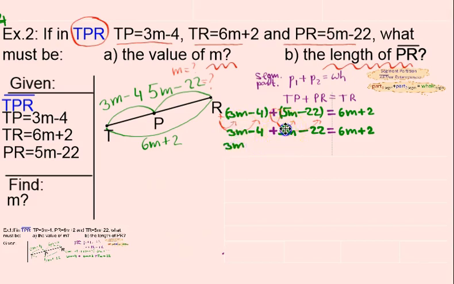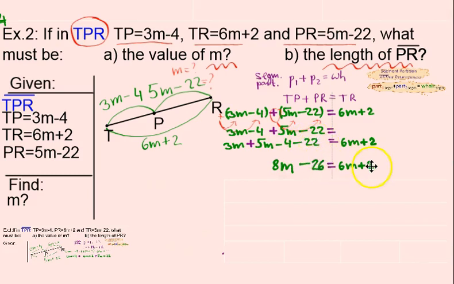I will be regrouping like terms so that I can combine them next. Think what the result will be for yourself. We are combining the family of m, that would be 8m, then minus 4 and minus 22. Check with the calculator. It will be minus 26, and there is no change to the right side.